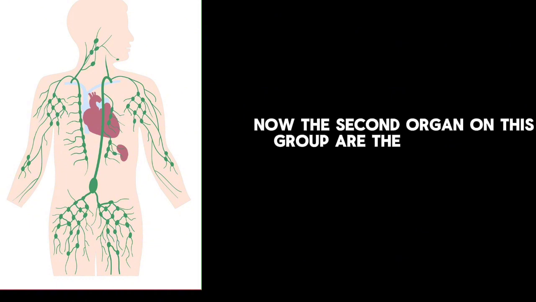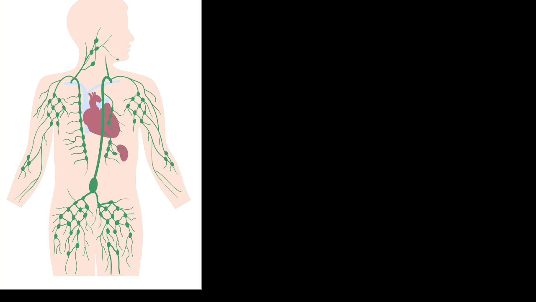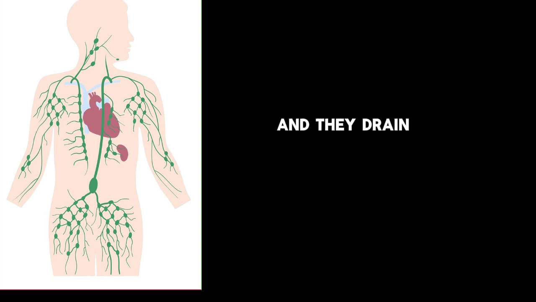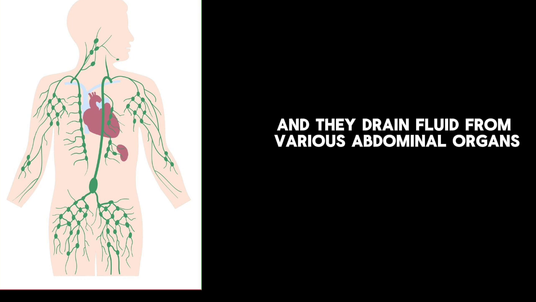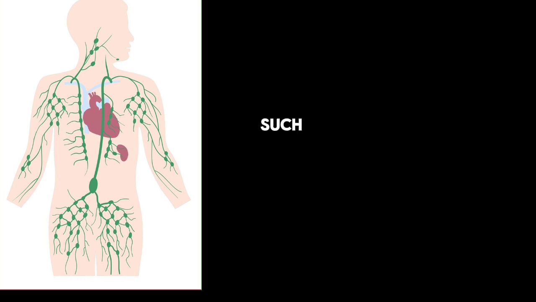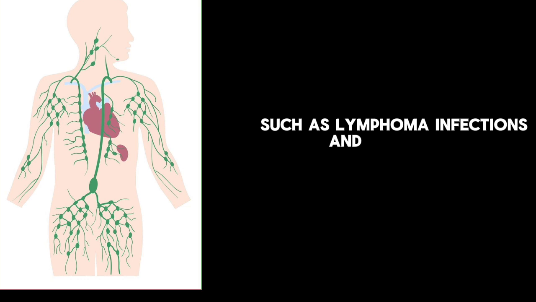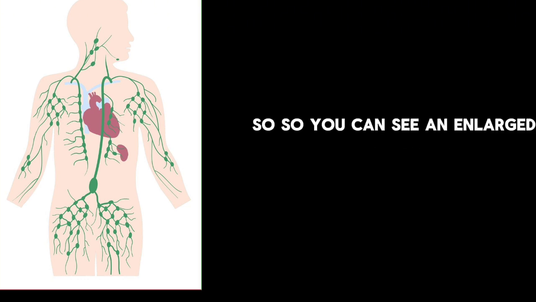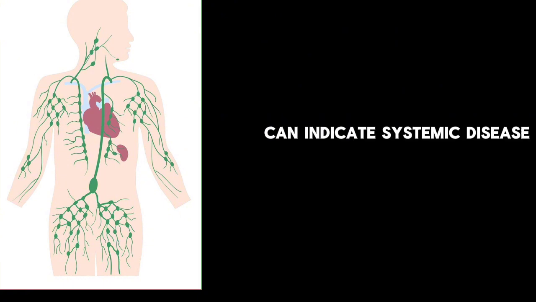Now, the second organ in this group are the lymph nodes and vessels. Abdominal lymph nodes are part of the immune system and they drain fluid from various abdominal organs. They are visualized during imaging of conditions such as lymphoma, infections, and metastasis. So, you can say enlarged lymph nodes on CT can indicate systemic disease.